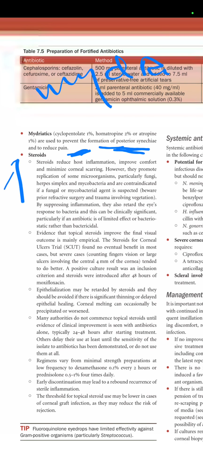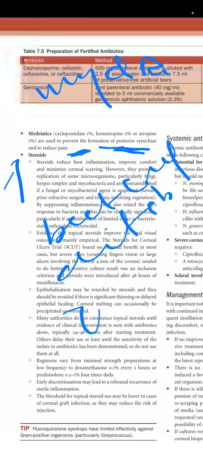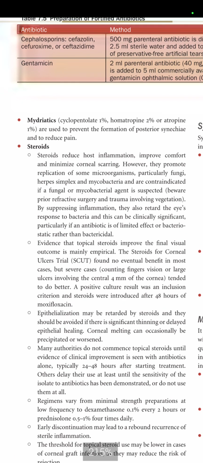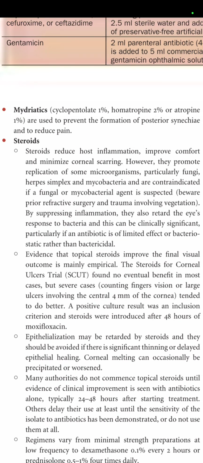The role of steroids is usually controversial, and we give them if the bacterial keratitis is responsive to antibiotic, usually 48 hours after starting the antibiotic, and if there is severe inflammation. Steroid reduces host inflammation, improves comfort, and minimizes corneal scarring.